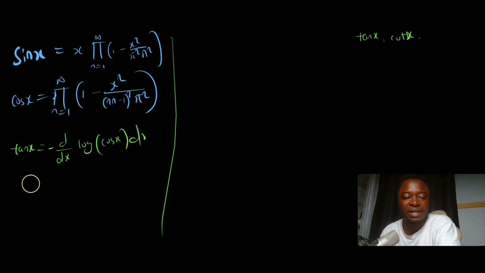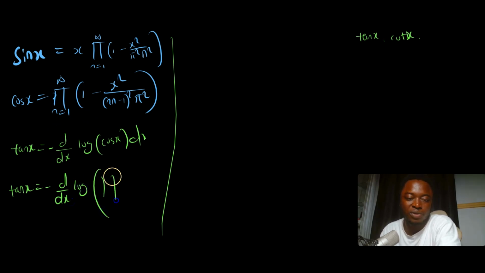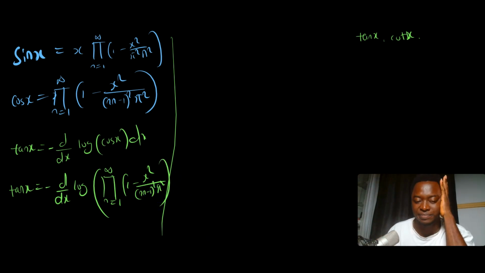So tan of x would be negative times the derivative of the logarithm of the whole of this infinite product, which is the product as n runs from 1 to infinity of 1 minus x squared over (2n minus 1) squared pi squared. So good things can happen.